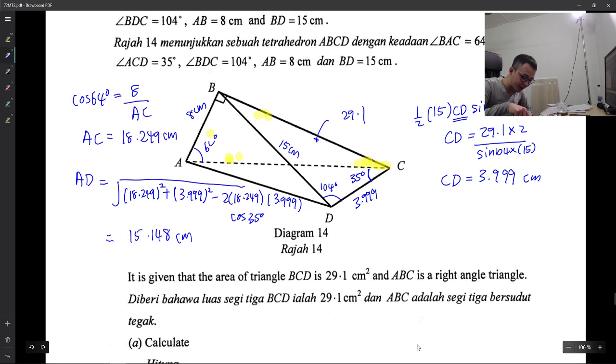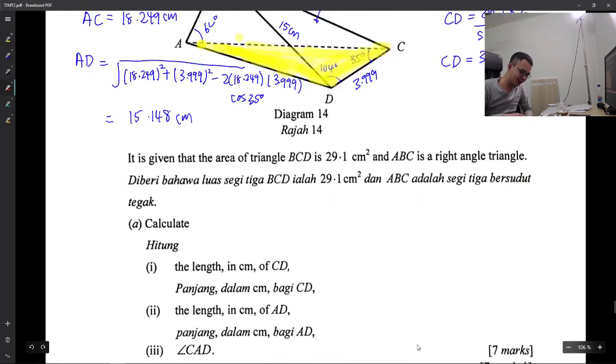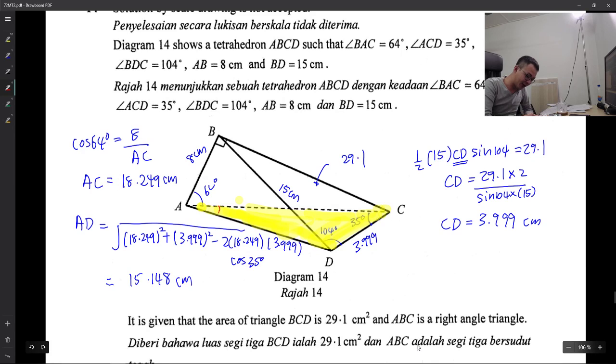Let me just erase this one. Right now I need to find the angle, so I'm going to use the triangle at the bottom here. You focus on this triangle. I need to find the angle CAD.